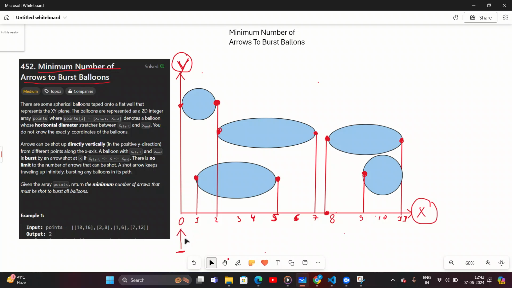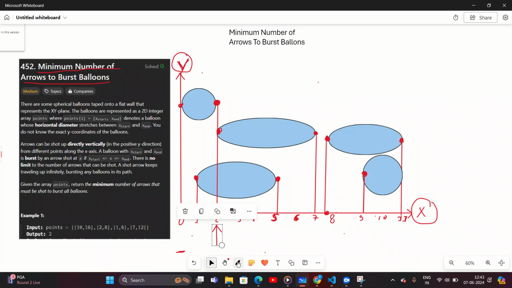If we think about this problem, we will have an intuition that we should shoot the arrow at a point which has the intersection of the maximum number of balloons in its way. Suppose we take this arrow and shoot it at point number 2.